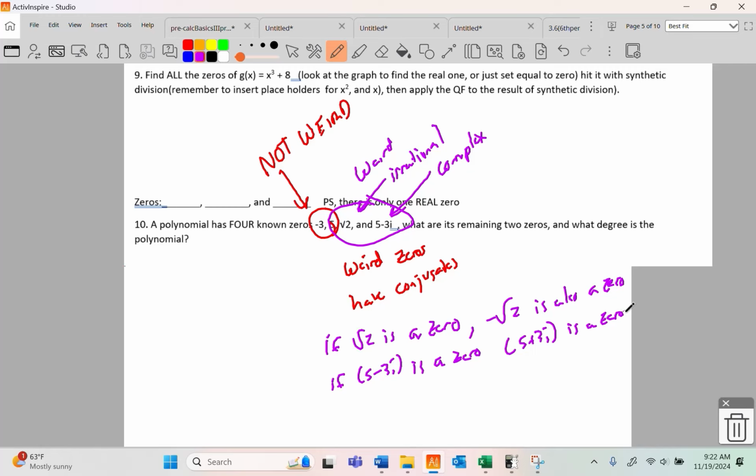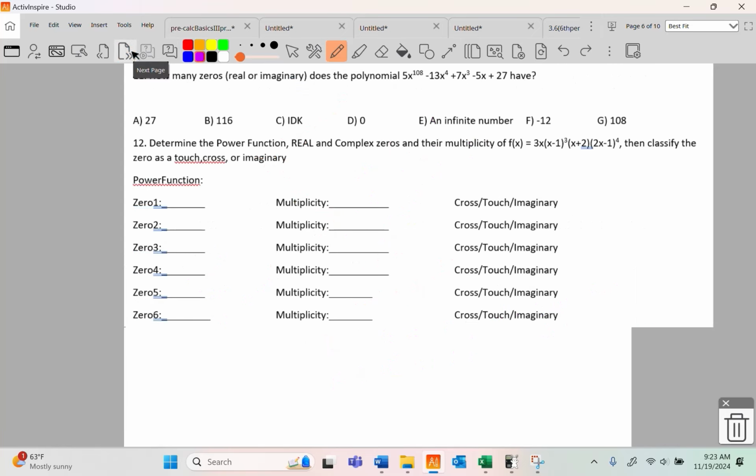All right, so these are the remaining 2 zeros, that one and that one. And what degree is it? Well, we're going to count the number of zeros. 1, 2, 3, 4, 5, 6. So it's a 6th degree polynomial. Easy peasy, lemon squeezy.